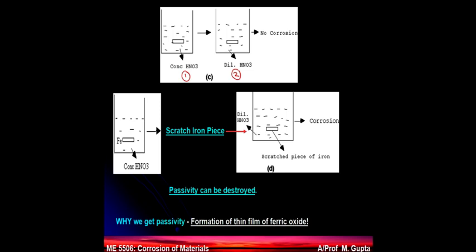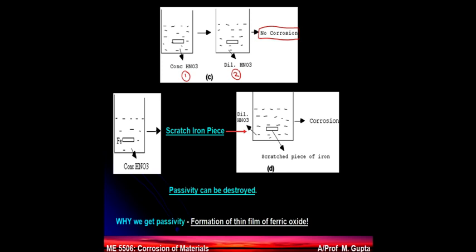But after the immersion in concentrated nitric acid, he found that again there is no corrosion. That means the environment of concentrated nitric acid is doing something to this piece of iron through which it is losing its reactivity. Now he wanted to find out whether this change is permanent or temporary.